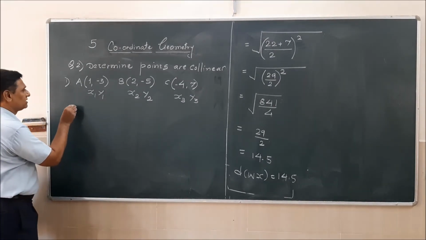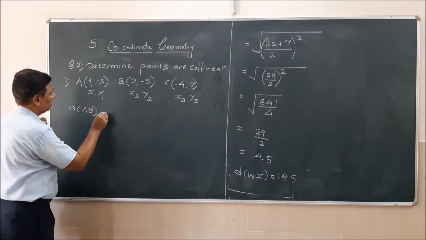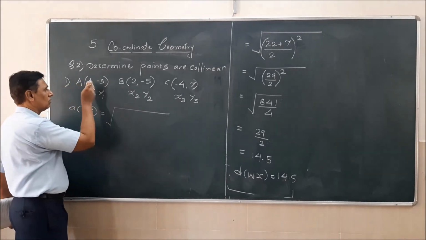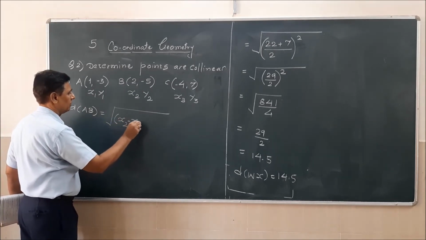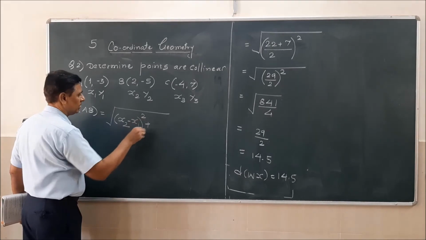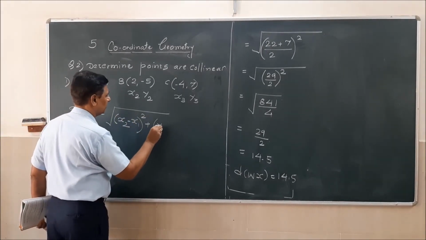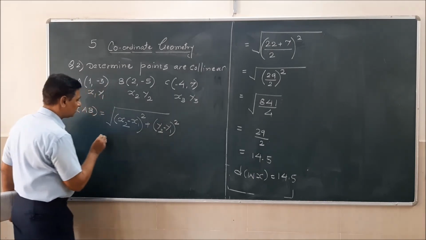So let's find distance AB first. To get the distance AB, square root of x2 minus x1, the whole square, plus y2 minus y1, the whole square.